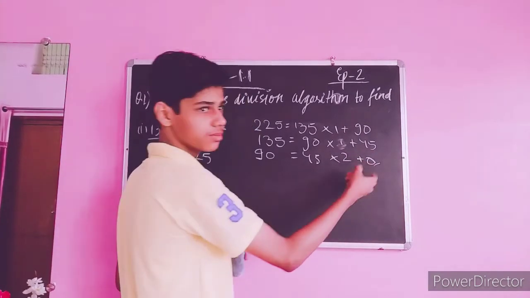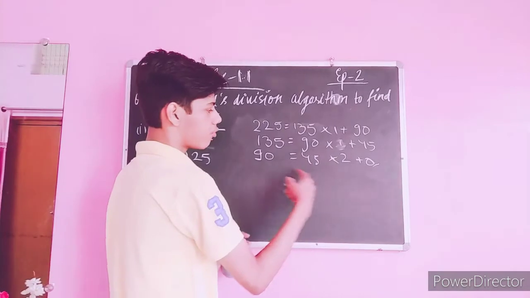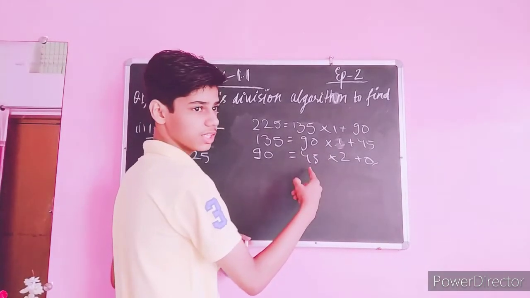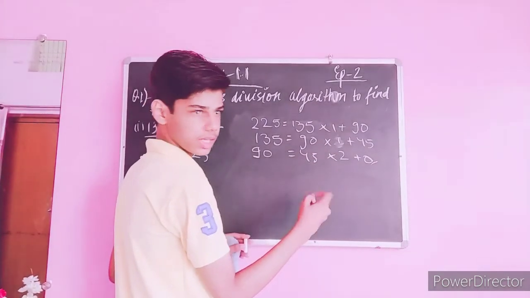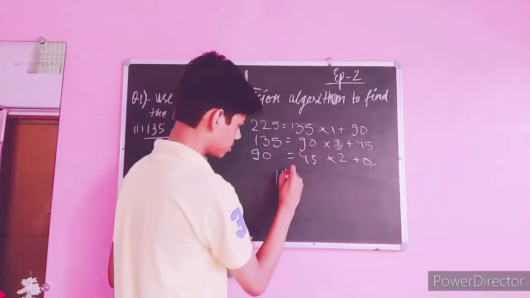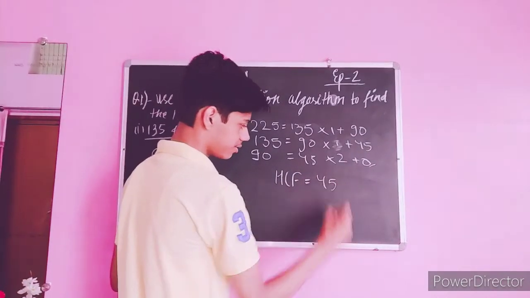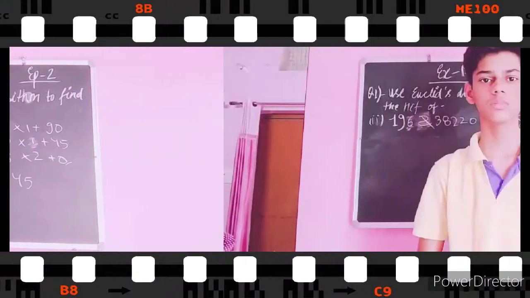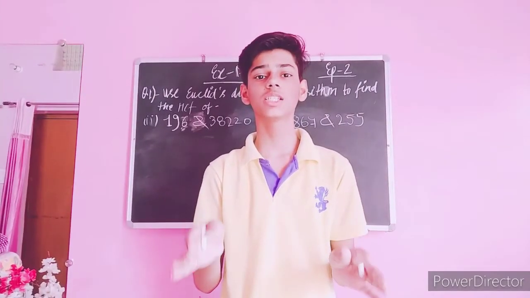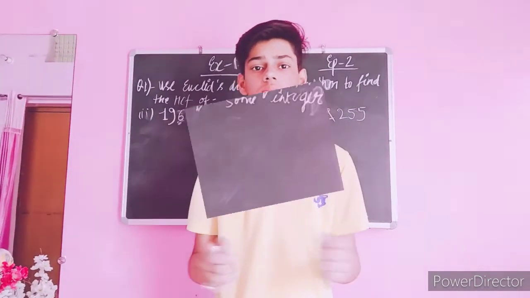When the remainder becomes 0, in that step whatever the divisor is will become our HCF. Okay, so HCF is equal to 45. Here are 2 more such questions like the previous one which we have solved, so you have to solve these 2 questions on your own.